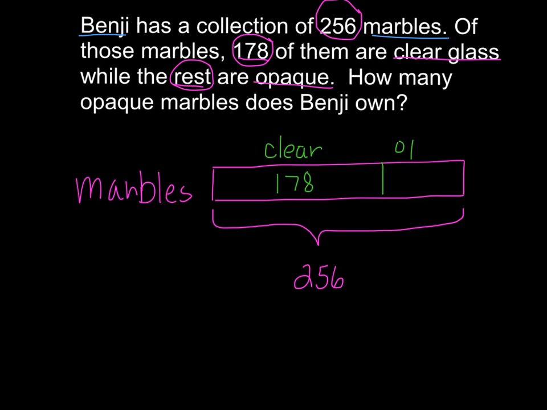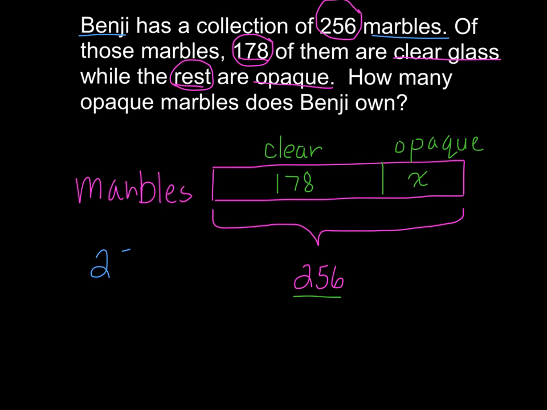The opaque marbles are the ones that I don't know, and I'm going to make that my x, so that I know that my whole is 256. One part is 178, and the other part is what I'm looking for. So if I know the whole and one of the parts, then I know it is a subtraction situation.